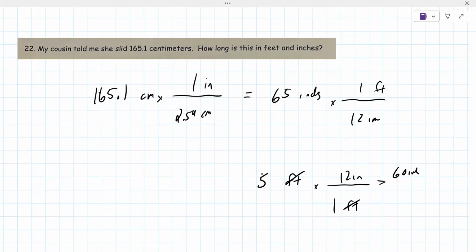So there are 5 inches left over, 65 minus the 60. So it's 5 feet and 5 inches. You do part of it the way we've been doing, and then part of it you gotta say, we don't talk about our height in fractional parts of a foot. We talk about it in terms of inches.